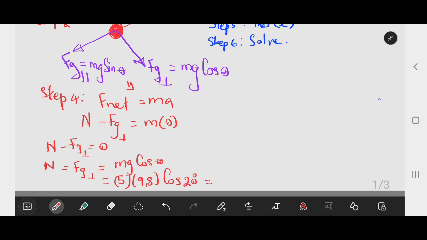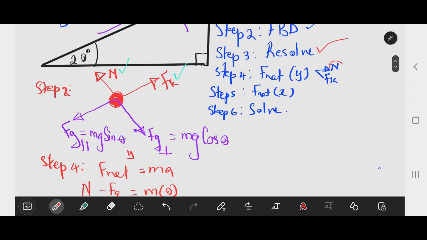Okay, so it means the normal force will be 5 times 9.8 times cos of 20 degrees, and that will give us 46.05 newtons. So now we have obtained our normal force, right?